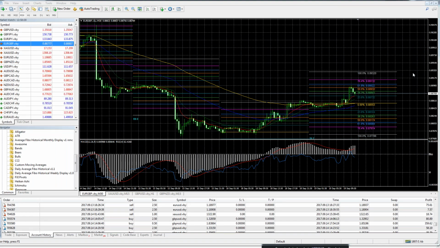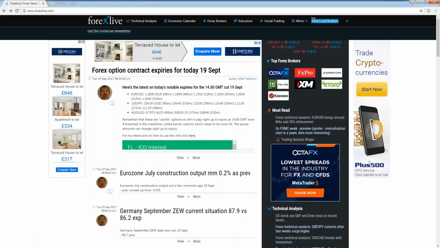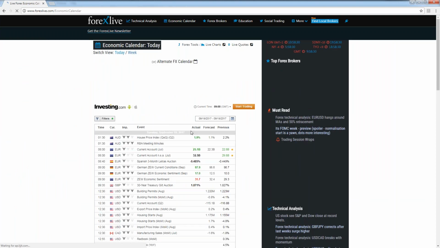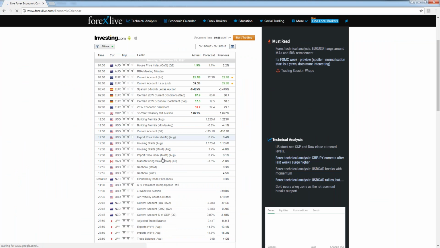Now, pretty simple. I just want to talk here for a couple of minutes about combining the fundamental aspects, very simple fundamental aspects, not looking at specific bits of data, whereas before we were looking at the economic calendar purely for specific events that were due out and what the fallout was for that.